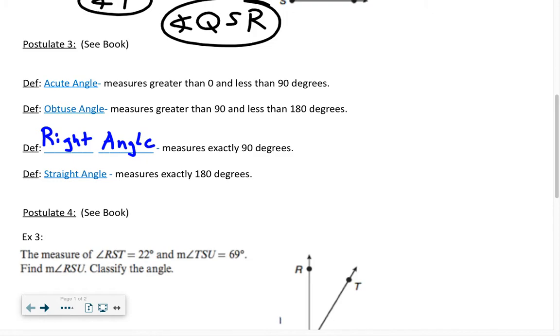And we actually have a fourth angle that we don't use a lot, but in geometry it is there. It's called the straight angle, which is exactly 180 degrees. Now a lot of us would probably just call it a line, but just know we can call it a straight angle if we want to. Acute, right, obtuse, and straight.